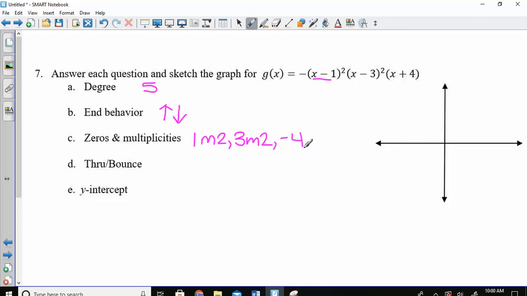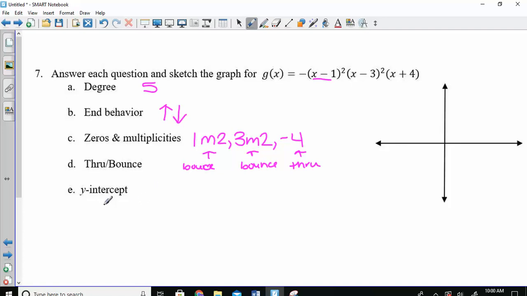And x plus 4? Negative 4. Okay. Then I'm going to ask you if the graph would go through or bounce at each of those. So you're looking at the multiplicities. And even multiplicity means what? Bounce. So it'll bounce at 1, bounce at 3, and go through negative 4.